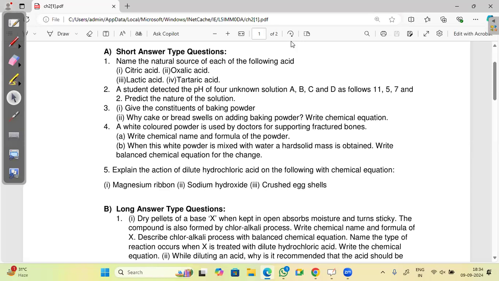Okay, what's the answer? Have you written down the reaction? See, your reaction should be something like this. Why does cake or bread swell up on adding baking powder?